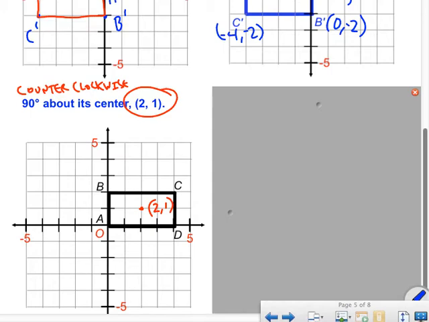What's that? 2 what? 2 and 1 for A. If I rotated this whole thing about that center of rotation? No. What about you, Theo? 0, 0. No, that's only if we were rotating about the origin. That's not true. Ben? 2, 4. You're saying that's my new point for A? Nope.